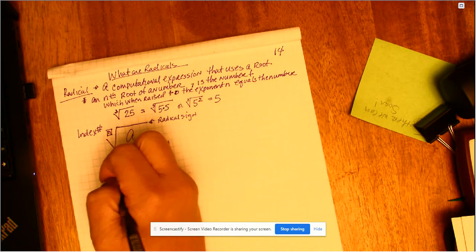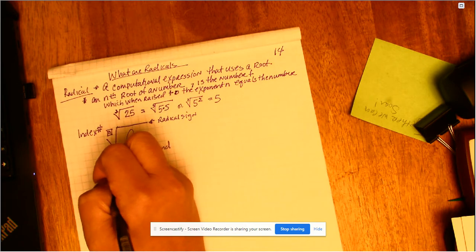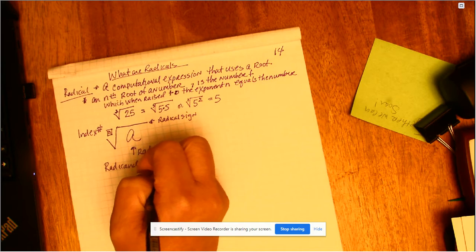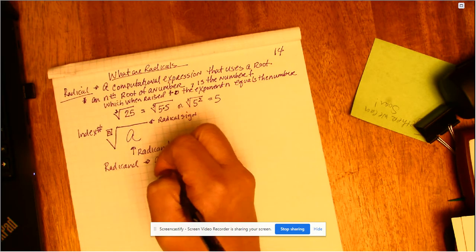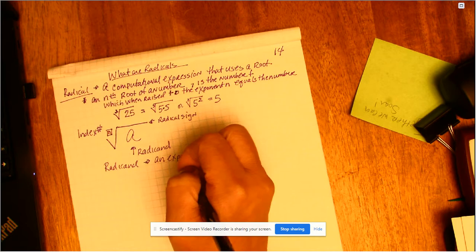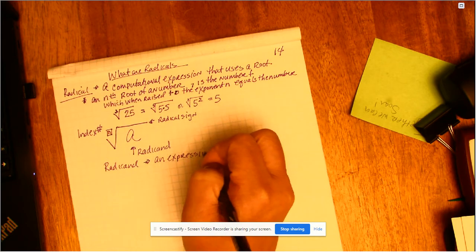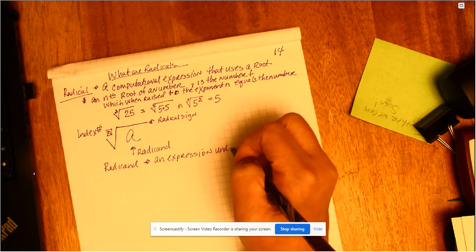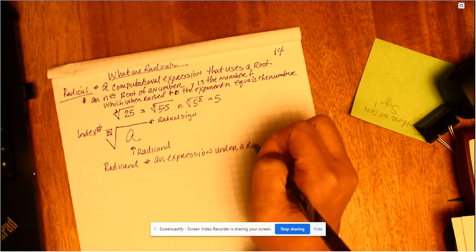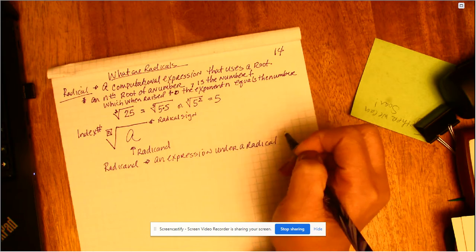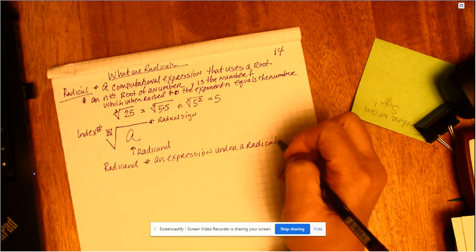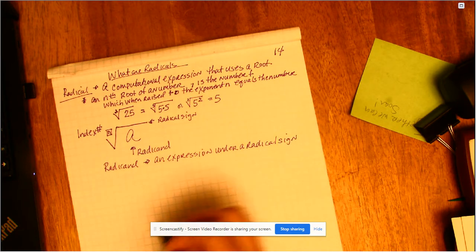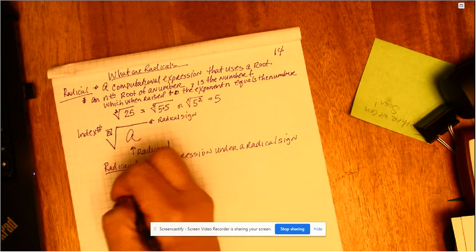So we're going to talk about what a radical is. So the radicand is an expression under a radical sign. Right, and it's that value being taken to the nth root.